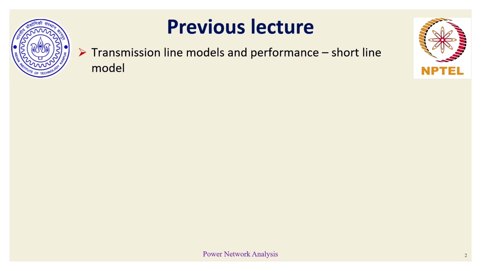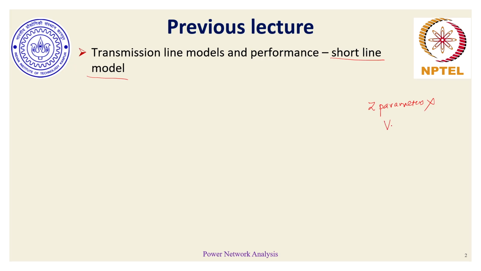In the previous lecture, we had seen the discussion on the short line model, in which we understood that under different operating conditions, specifically for no load condition where the receiving end current is 0, for the short line model, the Z parameters become undefined because it is as good as the short line doesn't exist under no load condition.